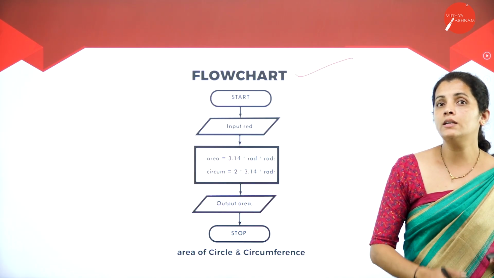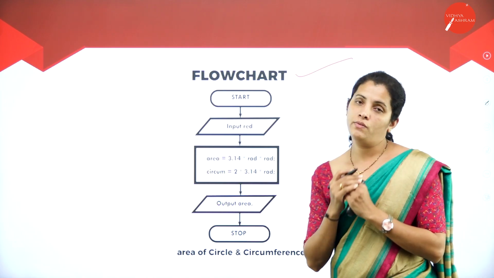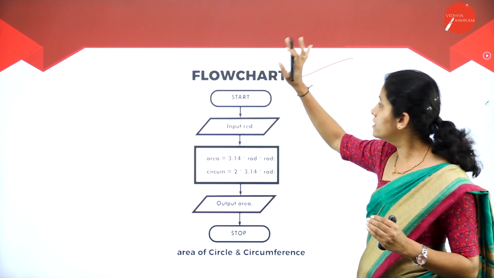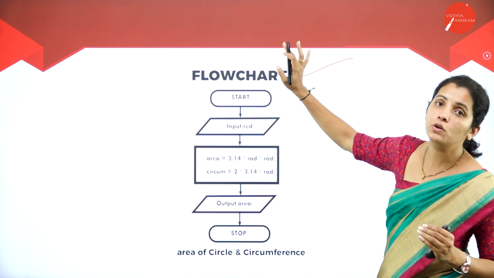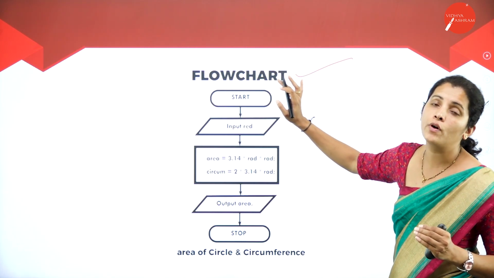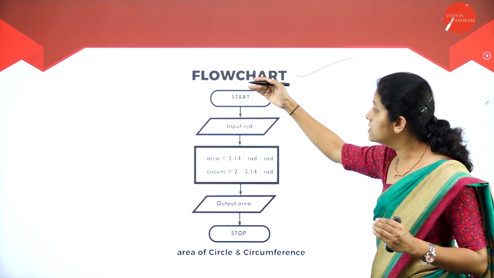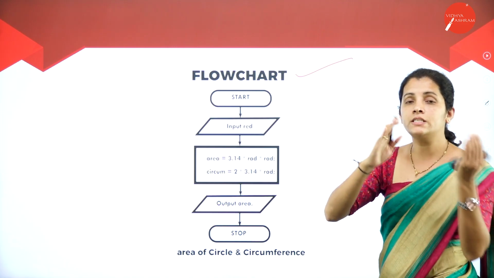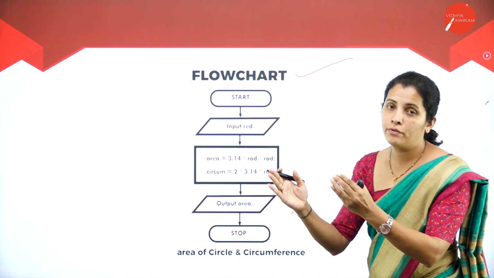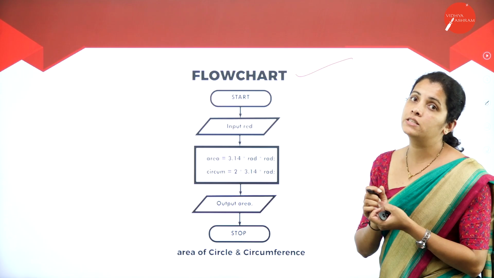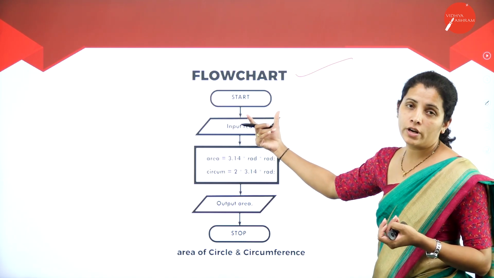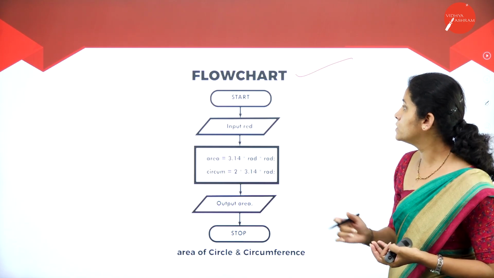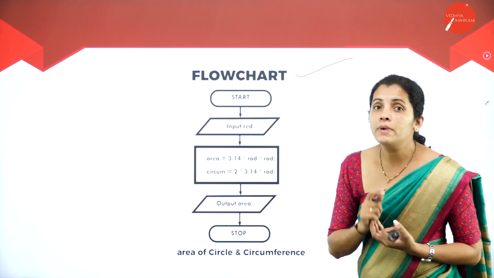I'm going to convert my algorithm into a flowchart. What steps did I use in my algorithm? The same steps I'm going to copy in my flowchart, but the only difference is this is the pictorial or graphical representation of the algorithm.